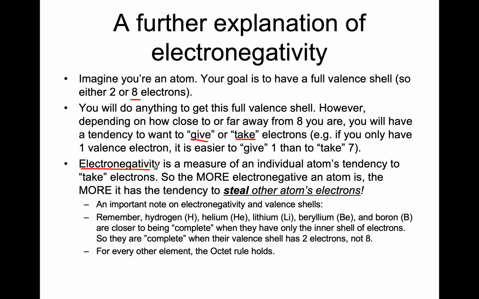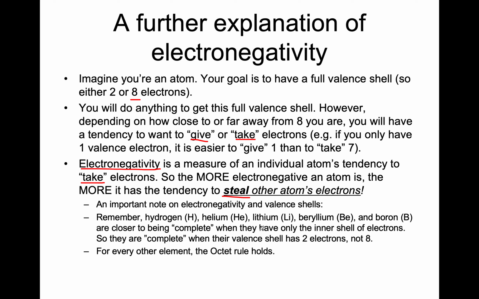Electronegativity, this vocabulary word that is so important, is a measure of an individual atom's tendency to take electrons, okay? So the more electronegative an atom is, the more it has a tendency to steal another atom's electrons. So remember what I said about hydrogen, helium, lithium, beryllium, and boron?